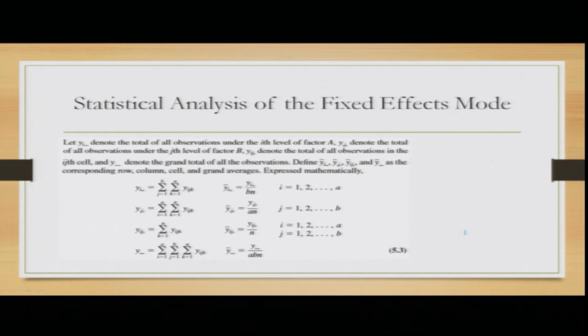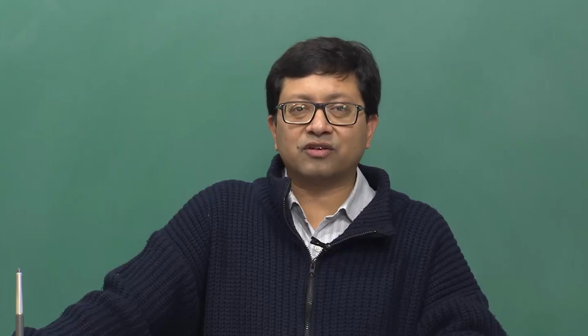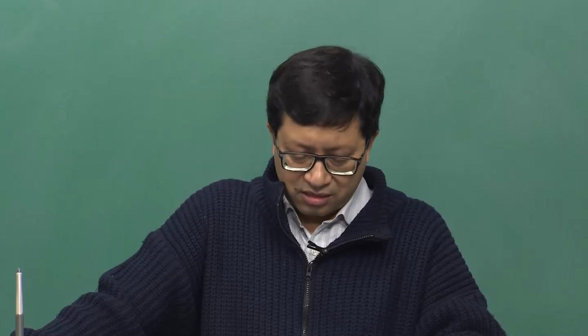Now, the statistical analysis of the fixed effects model. This is what I will repeat time and again, so please make it very clear. y i dot dot means that I am trying to find the effects of the average over the b's and the n's.